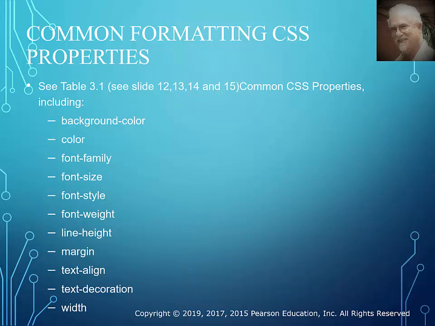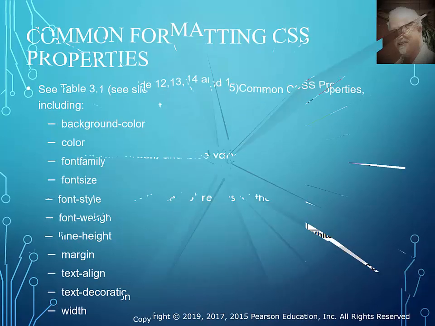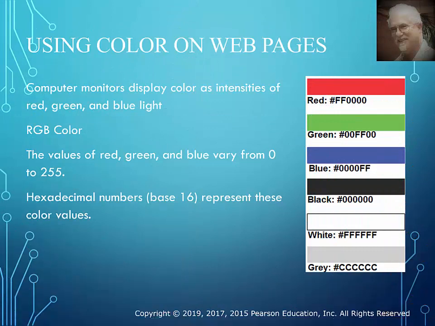Common things you can format are things like the background color, the color, font family, font size, style, weight, height. There's a ton of things you can do. A lot of these things are pretty easy to figure out. There are pages in the textbook and online that you can refer to for reference to what are some of the things you can modify.